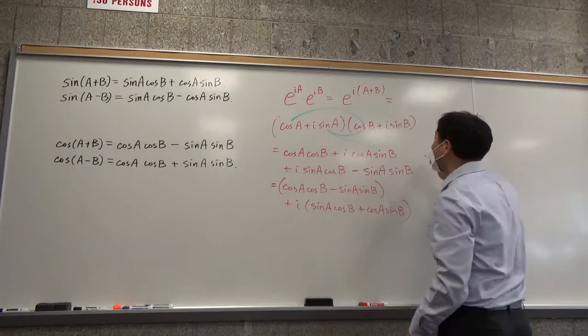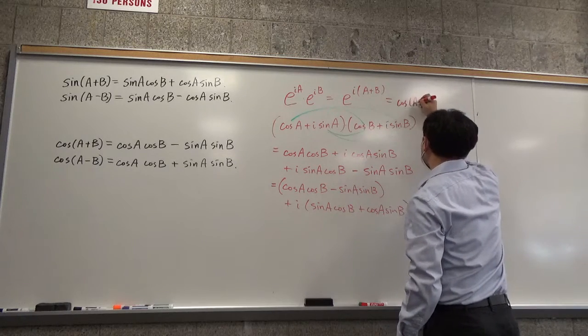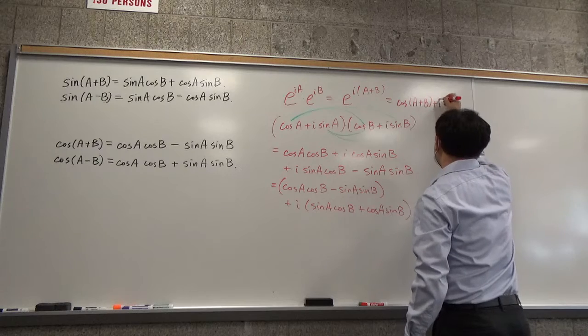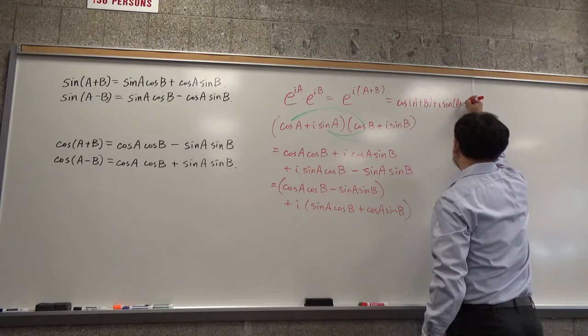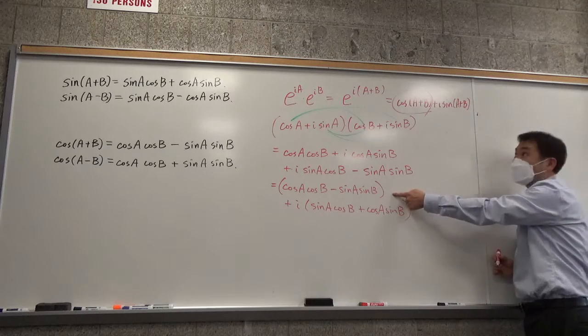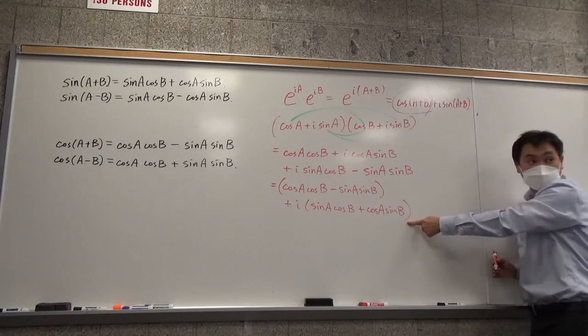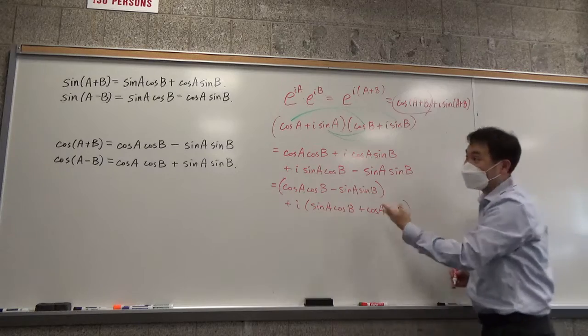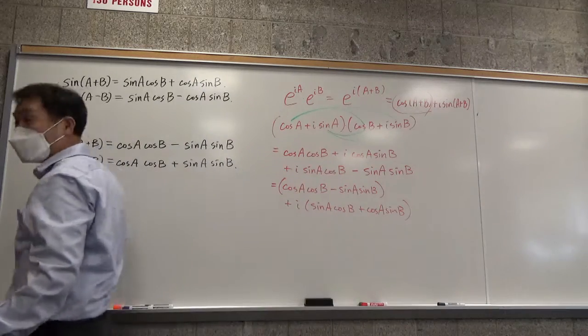According to Euler's identity, this is cosine(A plus B) plus i sine(A plus B), isn't it? So the real part has to match this real part, and the imaginary part has to match this imaginary part. And therefore we've proved this identity and that identity.